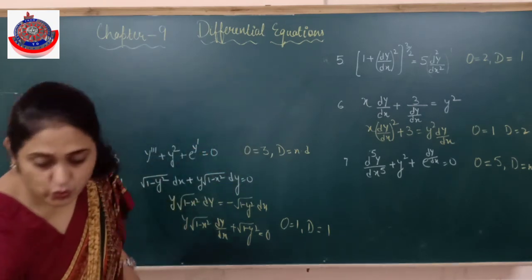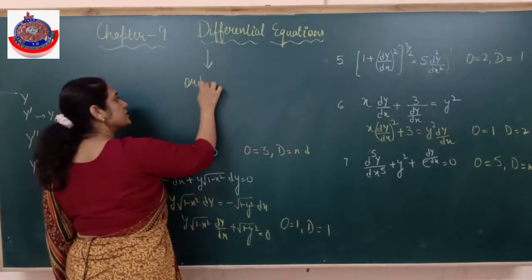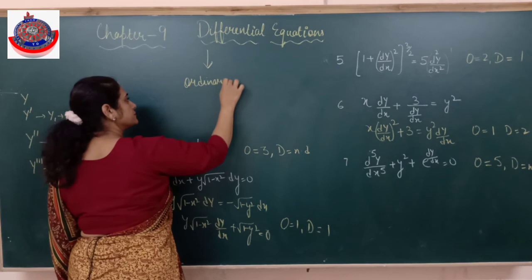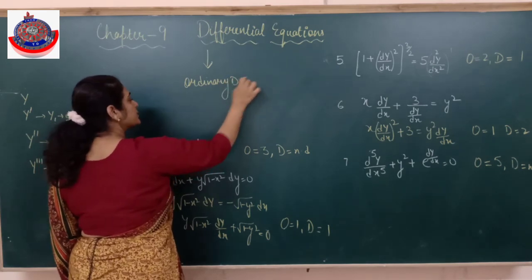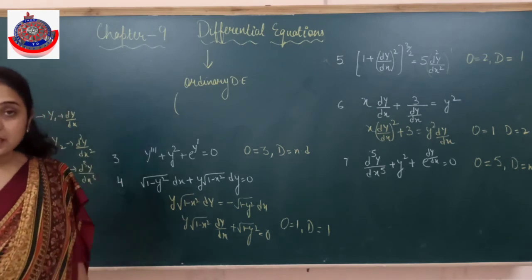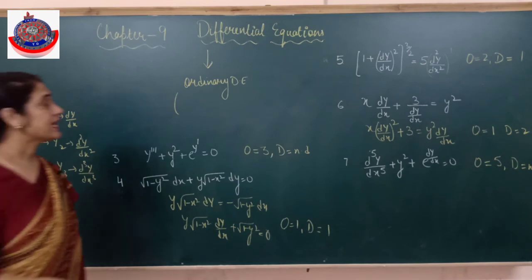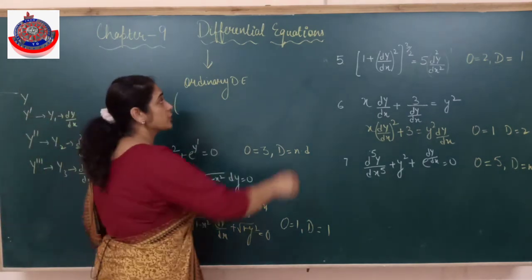We have two types of differential equations. One is ordinary differential equations, which has only one independent variable. Is it clear? One independent variable, that is ordinary differential equation.